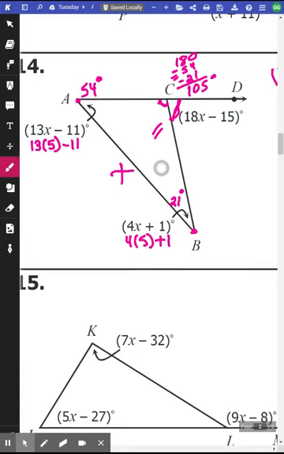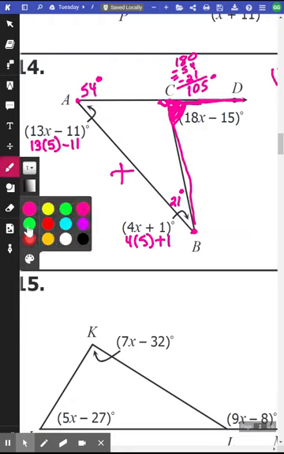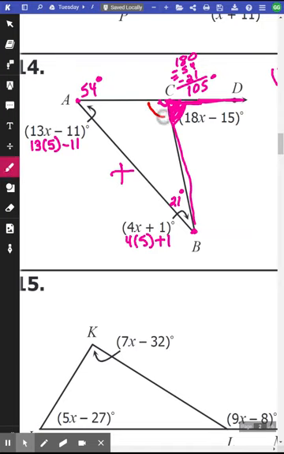Our last one is DCB. We're looking at this guy right here. So we've got to substitute. Oh, we don't have to actually. I'll show you why. Because this angle right here is 105 degrees, that means the remainder has to complete 180. So all I need is 75 more degrees.